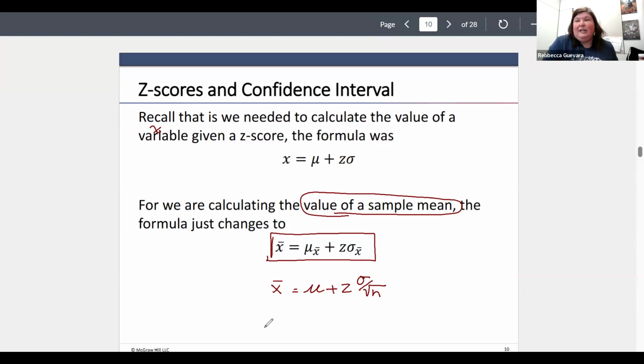Or another way you can look at it is that your mean can be approximated by taking x bar and subtracting z times your standard deviation. So it's a variation of this formula that we're going to be using. But remember, the z-scores we're using are going to be positive or negative z-scores.